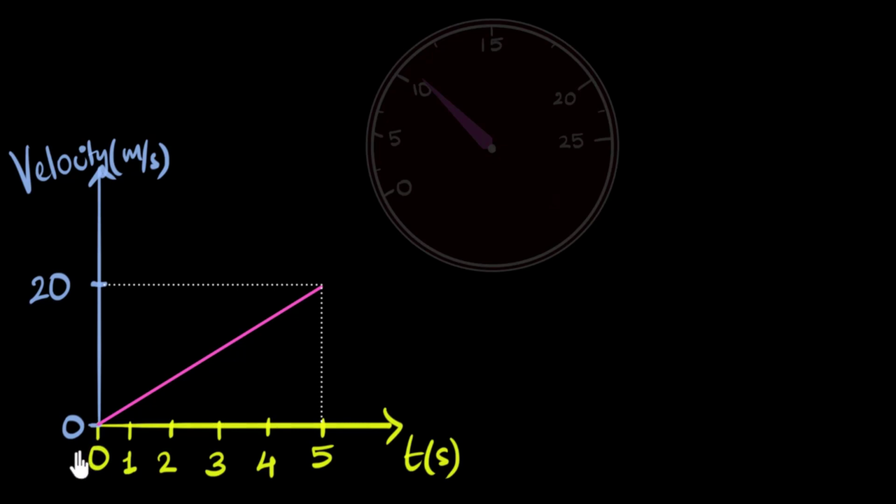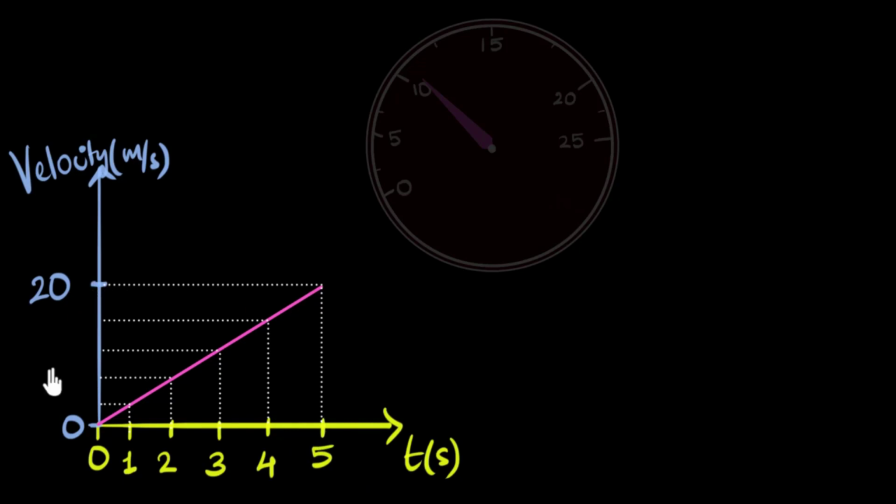So what's the graph saying? Well, the graph is saying that at time t equal to 0, our cheetah has 0 speed. But then as the time ticks, look at what's happening. Its speed is increasing. Can you see that? So its speed is continuously increasing, and at the end of 5 seconds, it has reached 20 meters per second.